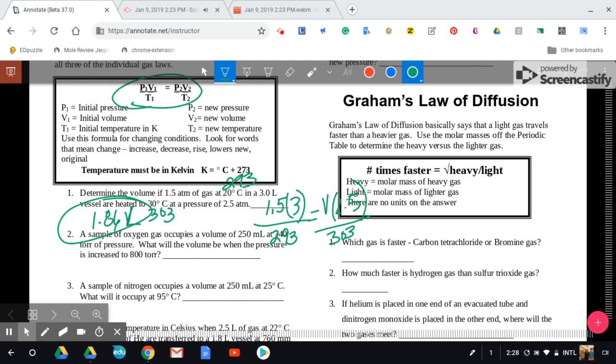Graham's law is about which one goes the fastest and how much faster. So which gas is going to go faster, Cl4 or Br2? Well, you've got to get the molar mass. The one with the smaller molar mass is going to go faster, okay?